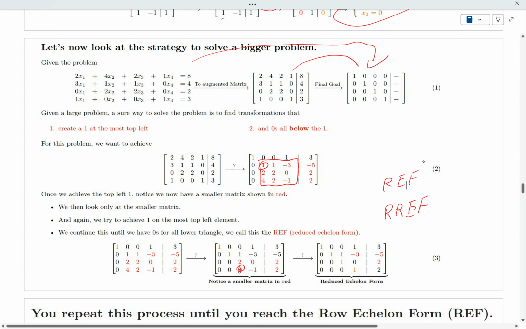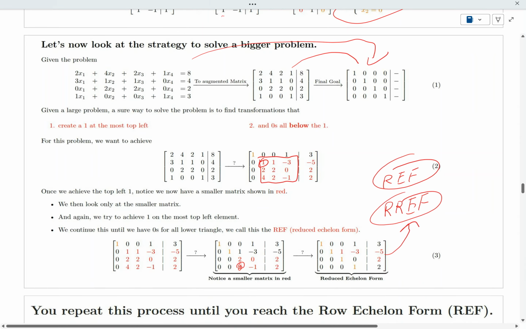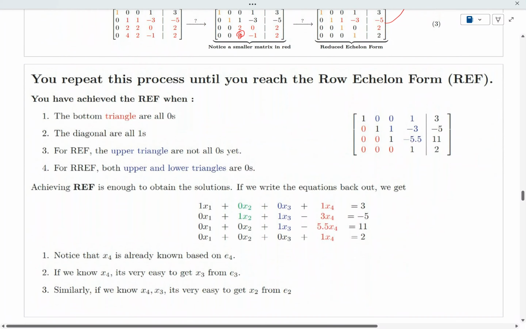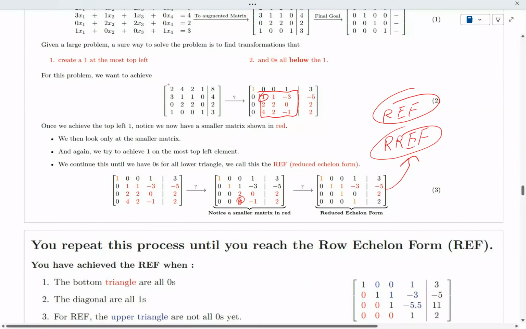But once you're in REF, you're pretty close to reduced row echelon form. And you basically repeat this: start with a big box, get all the zeros, smaller box, get all the zeros, even smaller box, get all the zeros, and so forth.